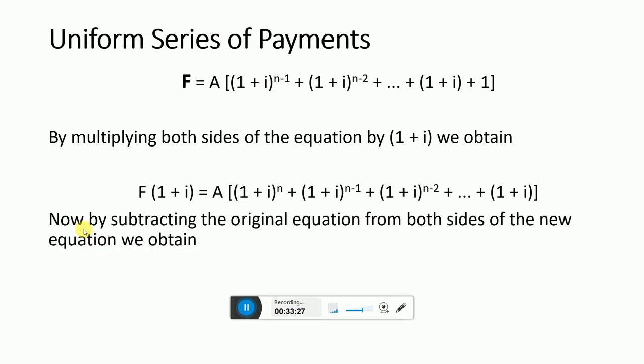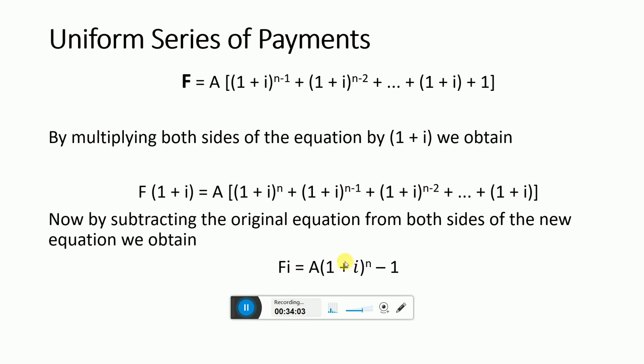So now we have to subtract the original equation from the new equation. This original equation we have to subtract from this equation. So if we subtract this equation from this equation, we get the new equation: F times I is equal to A, the bracket 1 plus I power n minus 1.